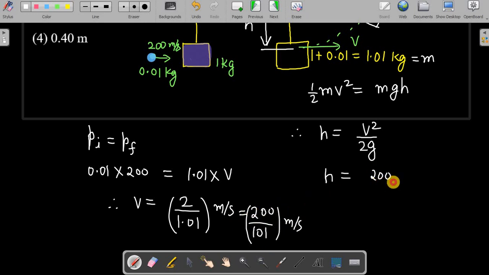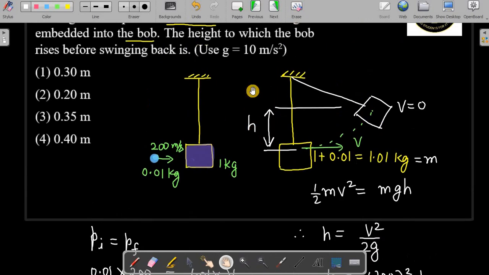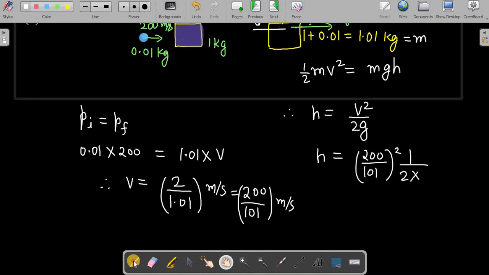So 200 by 101 whole square divided by 2g, and what is the value of g we should take? We can take g as 10. From here this height h can be calculated.